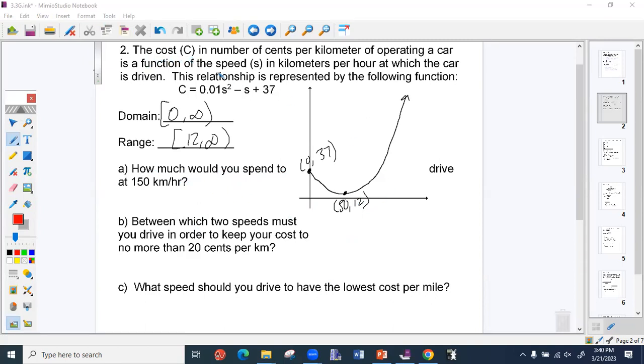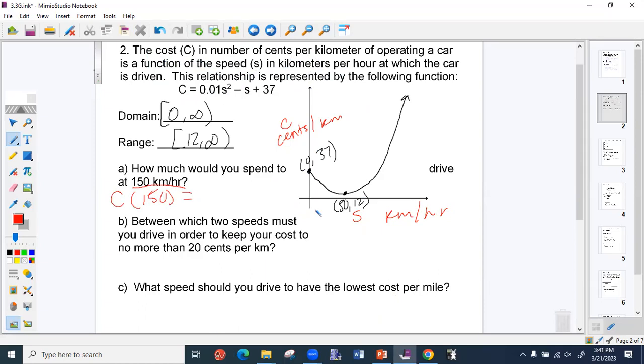It says your cost is your dependent variable. This is our C, which is cents per kilometer. Our X-axis represents our speed in kilometers per hour. So if they gave us kilometers per hour, that means we're looking for the Y, our cost. So we're looking for the cost for 150.